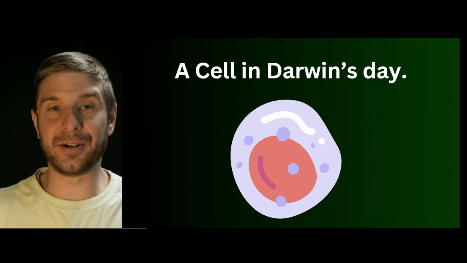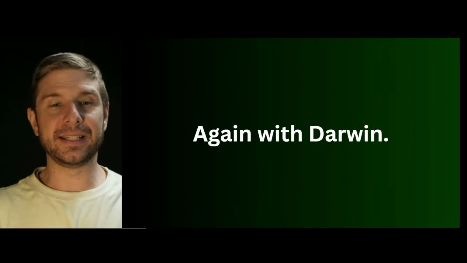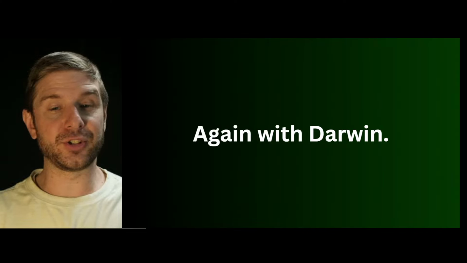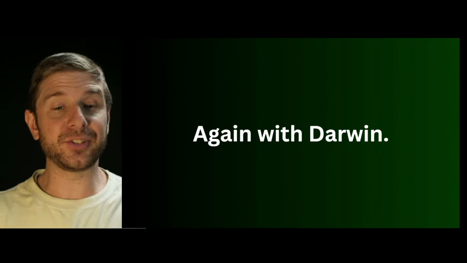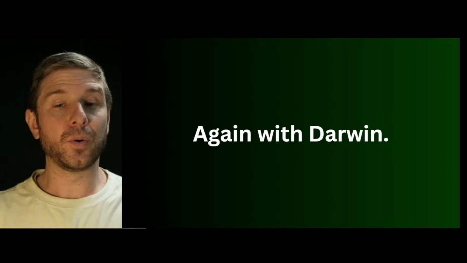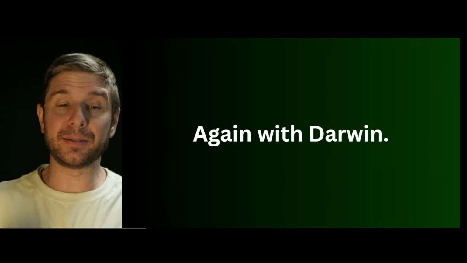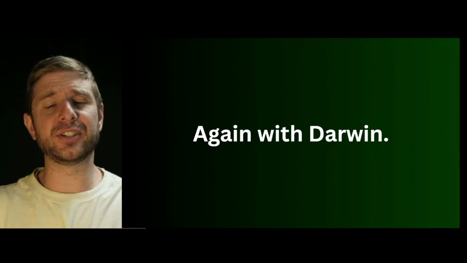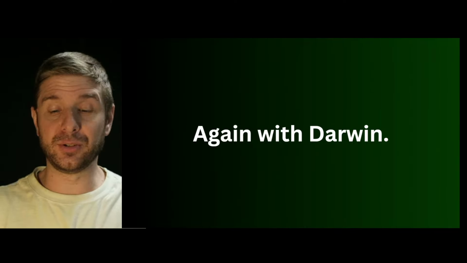They cannot come from non-living cells. Darwin said in The Origin of Species, if it could be demonstrated that any complex organ existed which could not possibly have been formed by numerous successive slight modifications, my theory would absolutely break down.